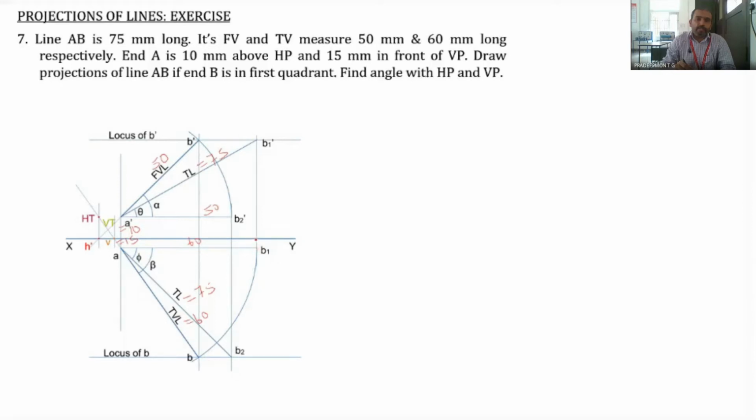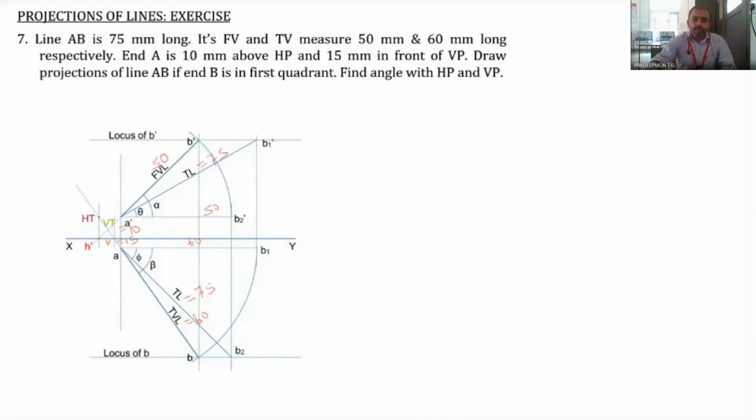So this line we can draw, and not the line, we can drop an arc in order to get B1 dash. So thus we get B1 dash. In a similar procedure, we can get B2 also. Once B2 and this B1 dash is obtained, locus of B dash as well as locus of B are obtained, and then you can finally find out this B as well as B dash. So that is the procedure.